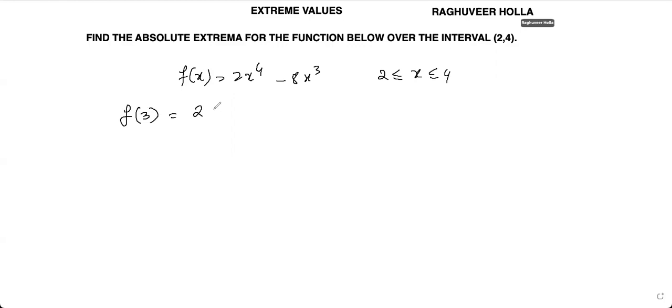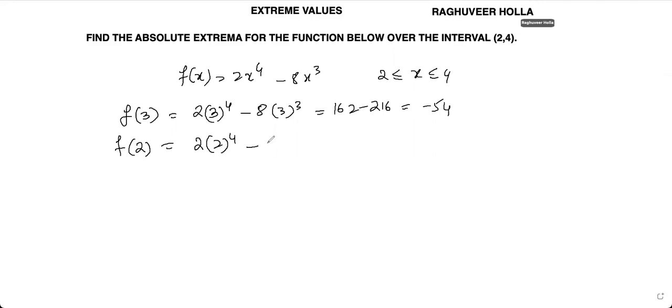So that is 2 times 3 power 4 minus 8 times 3 cube, which is 162 minus 216, so minus 54. And f of 2 is 2 times 2 to the power 4 minus 8 times 2 cube, which is minus 32.